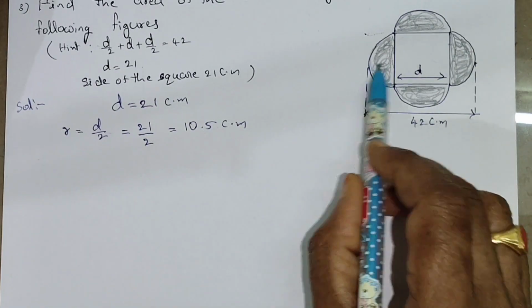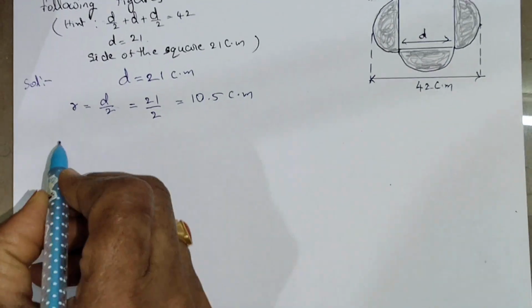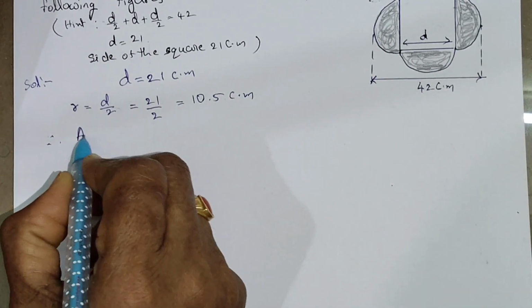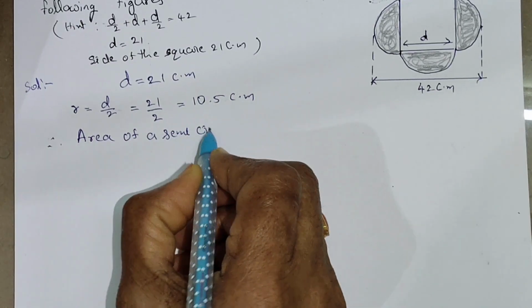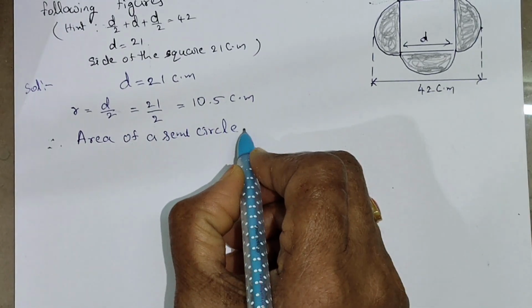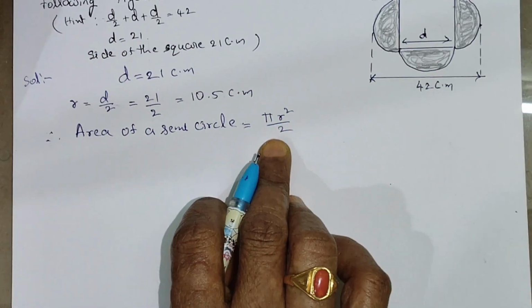Now that we know the radius, we find the area of one half circle, the semicircle. The area of a semicircle is equal to pi r square by 2. This is the area of a semicircle formula.